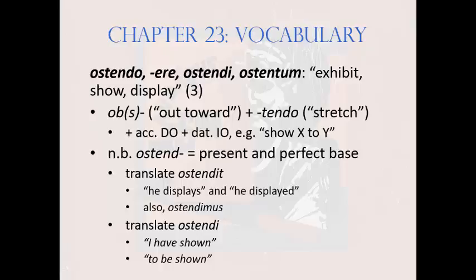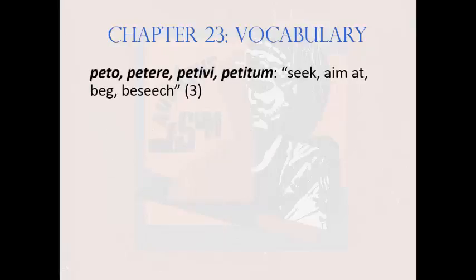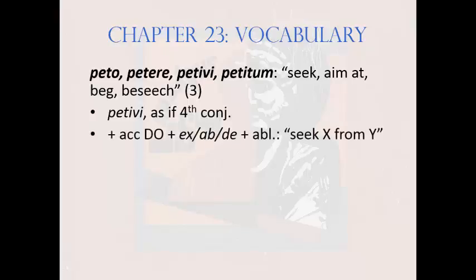And next comes another verb, peto, petere, petivi, petitum, meaning seek, aim at, beg, or beseech, also third conjugation. But note that the third principal part, petivi, is formed as if this verb were fourth, not third. Its sense anticipates both an accusative direct object and a prepositional phrase, ab, ex, or de plus the ablative.